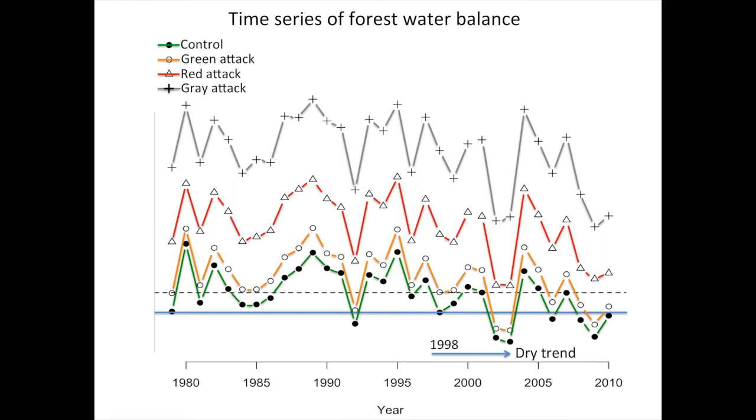The red attack was way up, and once you reach this dry trend, these conditions start to show similar behavior as the long-term trend of the water balance, which confounds a lot. I think the message here is that it's confounding. We are under a climatic dry trend that is confounding the effects, or complicating the analysis of the water balance of the lodgepole pine forest.